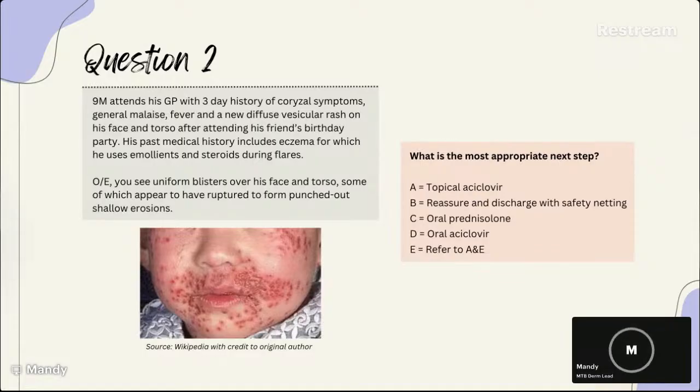What is the most appropriate next step? Is it A, topical acyclovir, B, reassure and discharge with safety netting, C, oral prednisolone, D, oral acyclovir, or E, refer to A&E? Again, I'll give you a little bit of time before I move on to the answer.